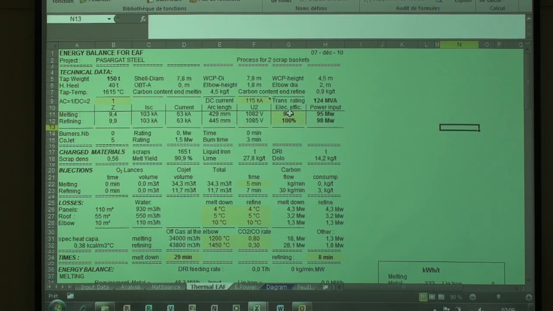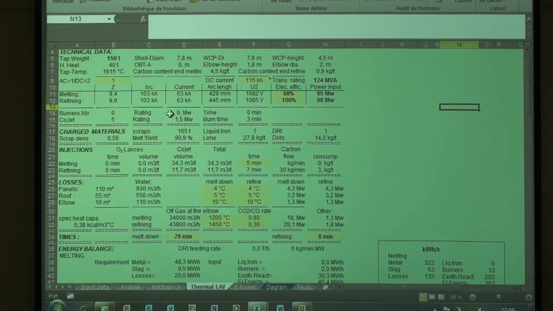But for the Consteel, for example, I start on the hot heel, so I get very rapidly to the maximum power. But for boring phase and start of melting in the conventional furnace, it would be 95 or something like that.